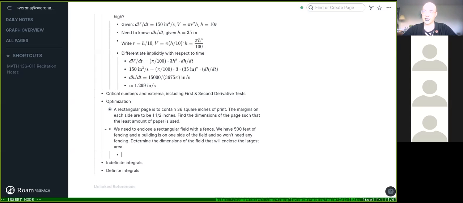So, all right, let's talk about this problem. Any optimization problem is going to be given to you typically in the form of a word problem, right? And what you have to do before you can do any calculus is to translate it into something that looks like this.